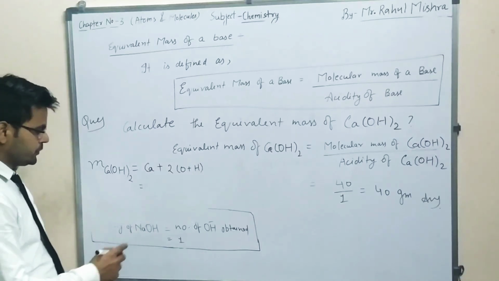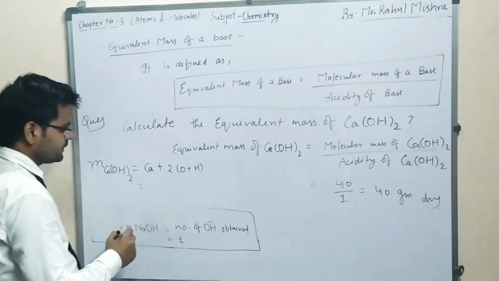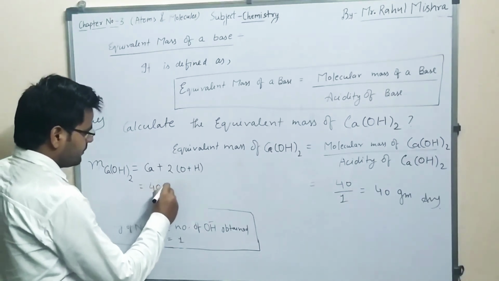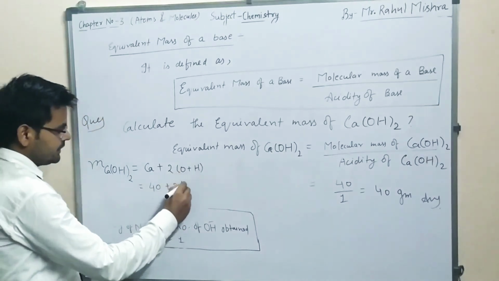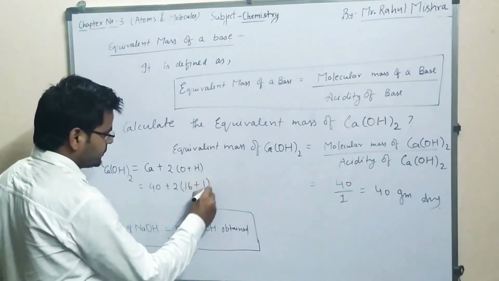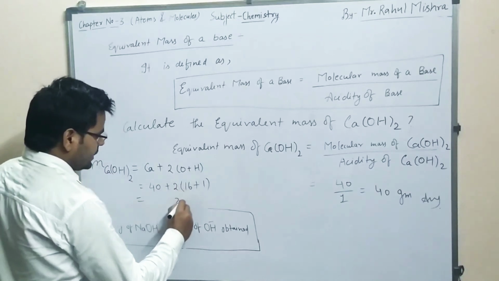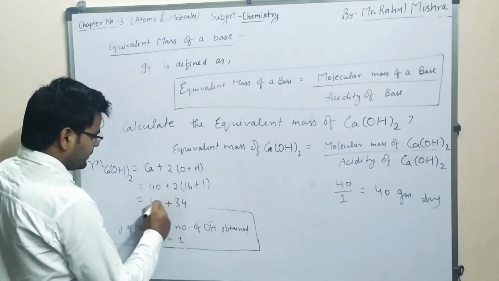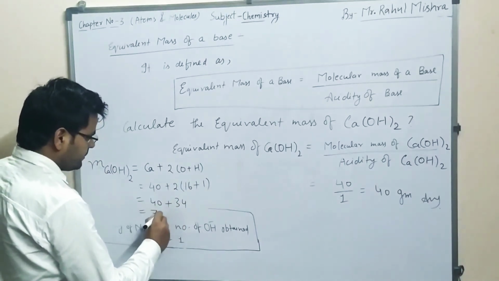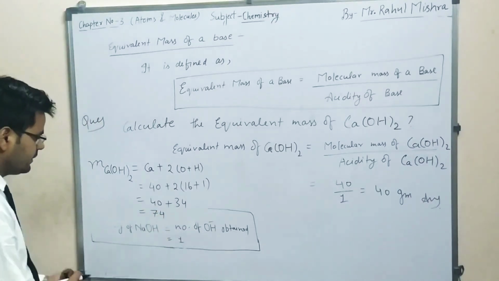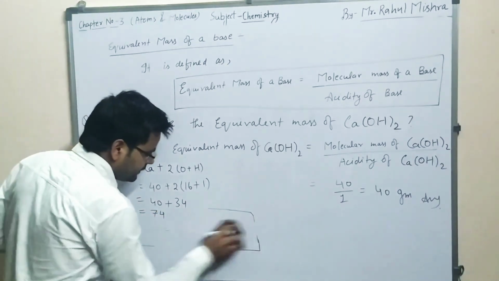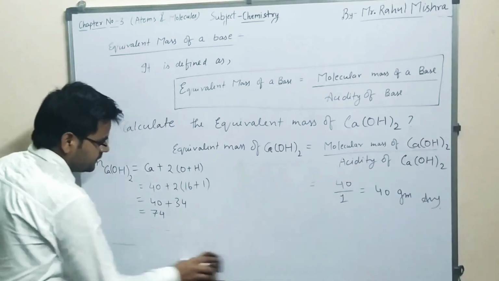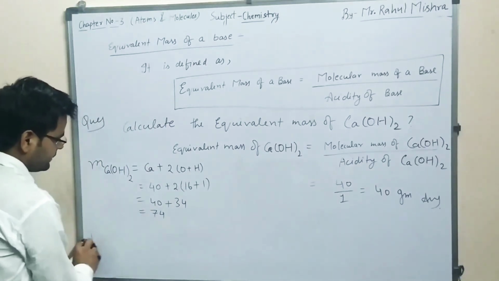So it will be equal to Ca, which is 40, plus 2 into (oxygen 16 plus 1), this is 34, and it is 40, so it will be 74.